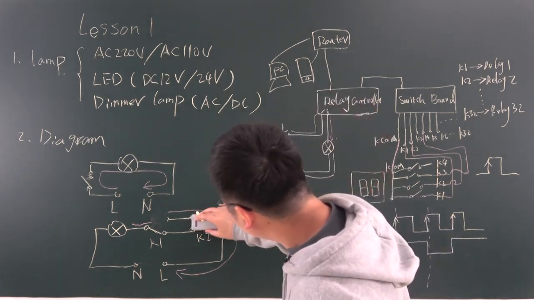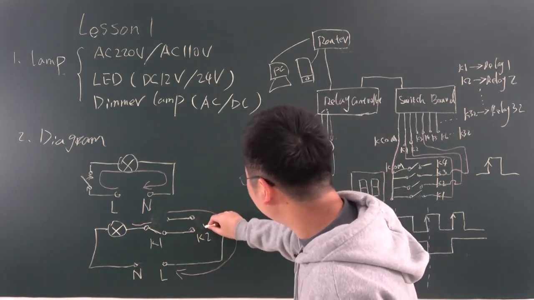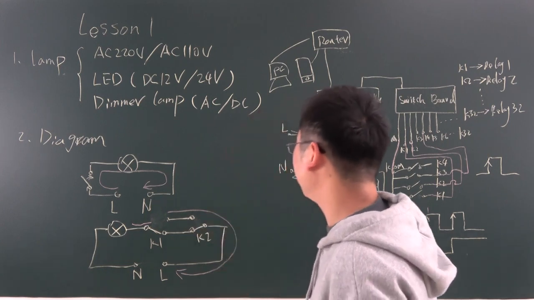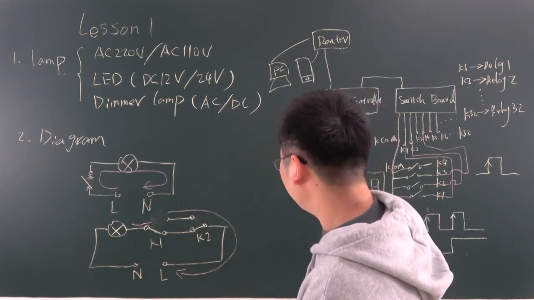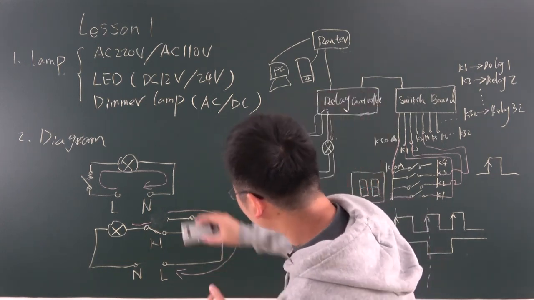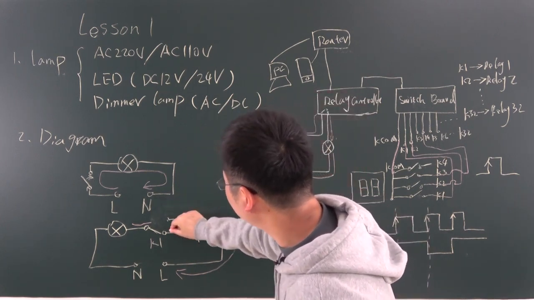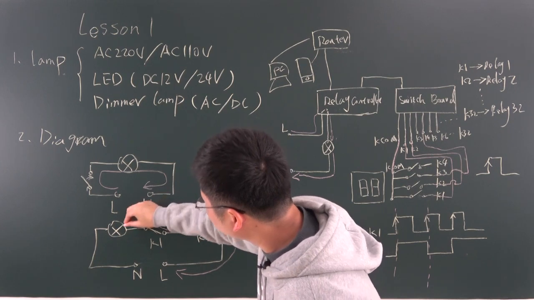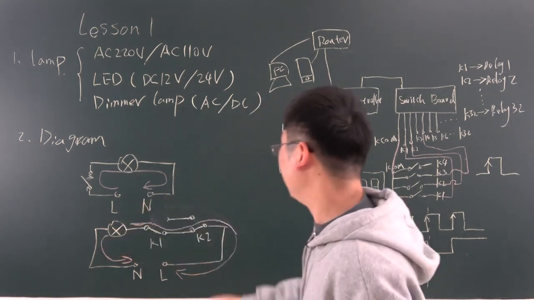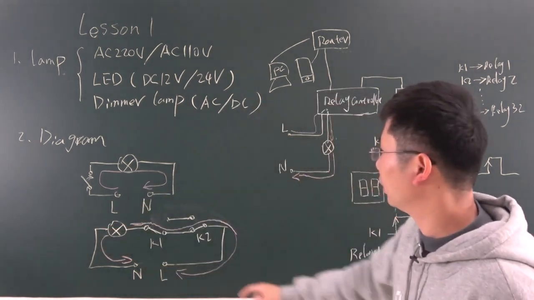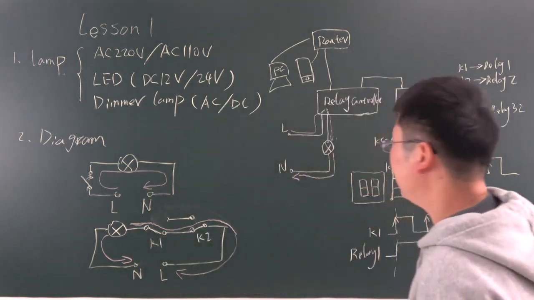And this time, K2 is changed to this position. Now the current will go through to this place and turn back, so the light will be on.